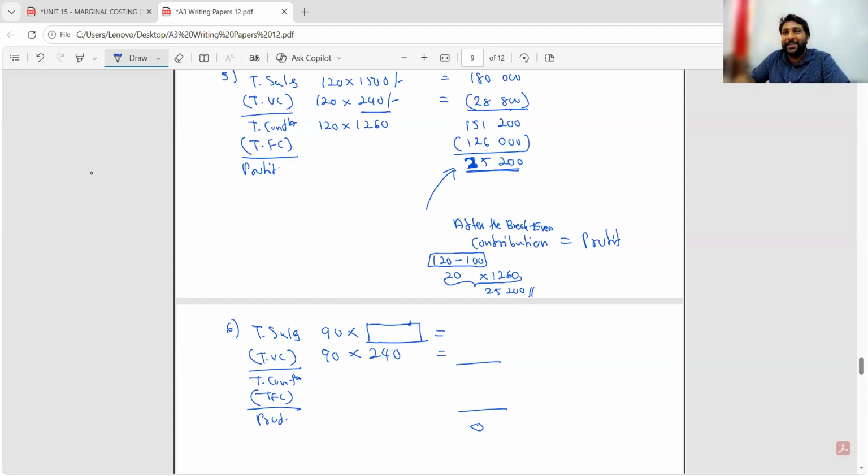Thank you. If it becomes 70 teachers, only 2 buses. Do it carefully. Here it is 90 teachers, you need 3 buses. If it becomes 70 teachers, you need only how many buses? 2 buses. Then the fixed cost will be 84,000 only.